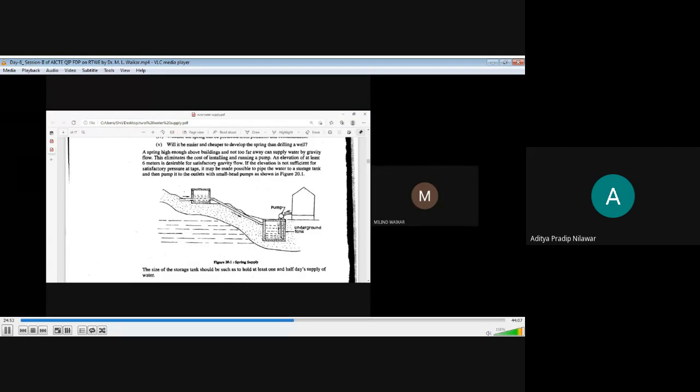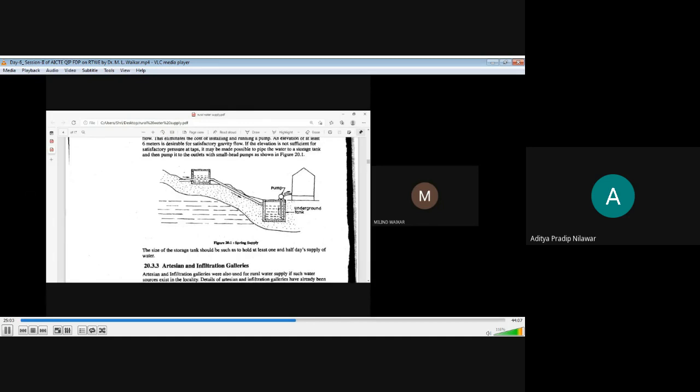The pump cost may be very low. This particular arrangement of spring supply is shown in the earlier figure. The size of the storage tank should be such that we are able to hold at least 2 days supply of water.